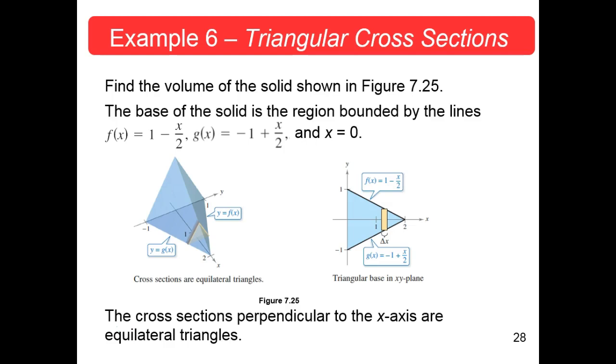So that means this height here is the square root of 3 times this length right here, because the sine of 60 degrees is the square root of 3 over 2.